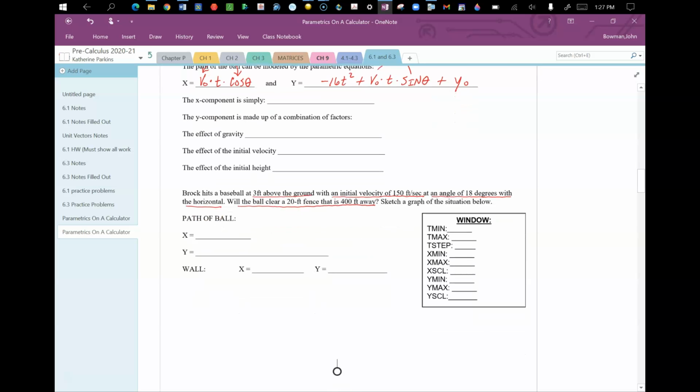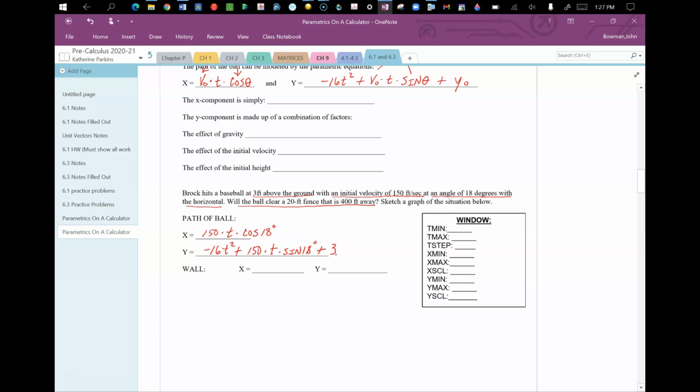So x is equal to initial velocity 150 times t times the cosine of 18 degrees. Y is equal to negative 16 t squared plus 150 times t times the sine of 18 degrees plus the initial height of 3.